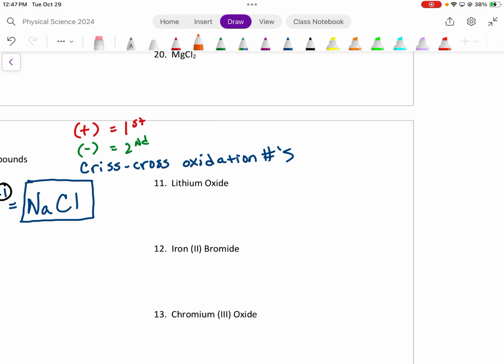So I'll take that information. Lithium, capital L, lowercase i, positive 1. Oxygen, -2. So I've got my first 2 steps done. Now I'll crisscross.